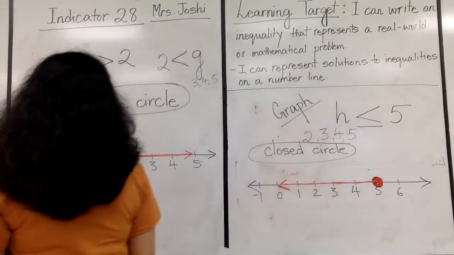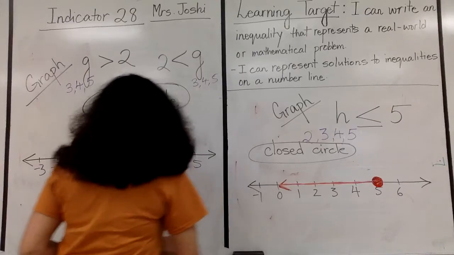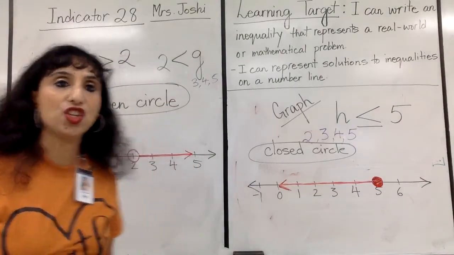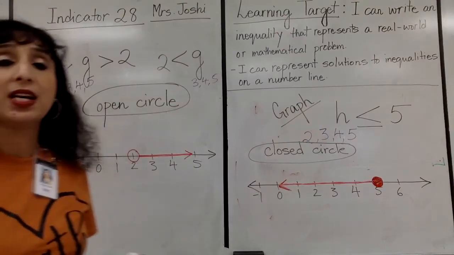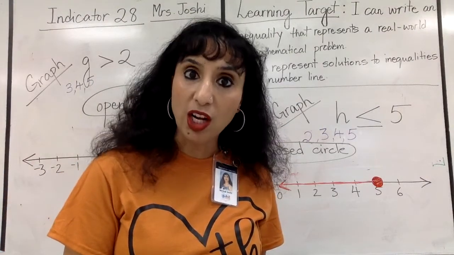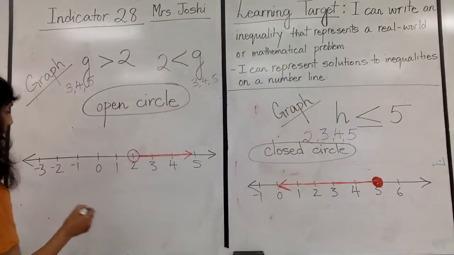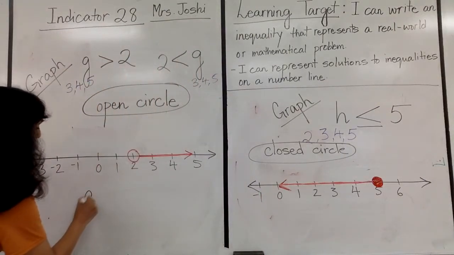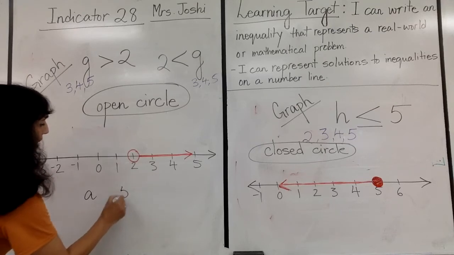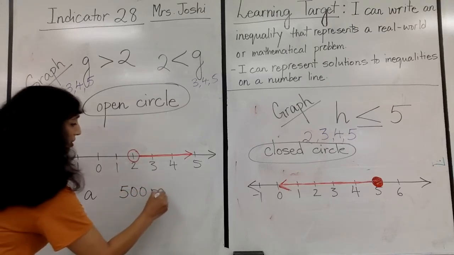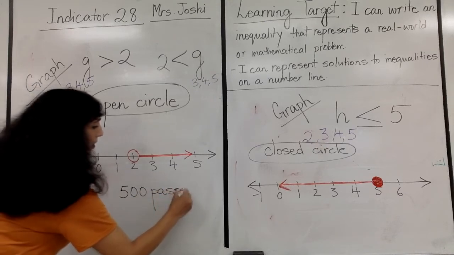So if I say an airplane cannot carry any more than 500 passengers, you have to write an inequality for that, and then you have to graph it. So let's say this is my airplane. Maximum it can carry is 500 passengers.